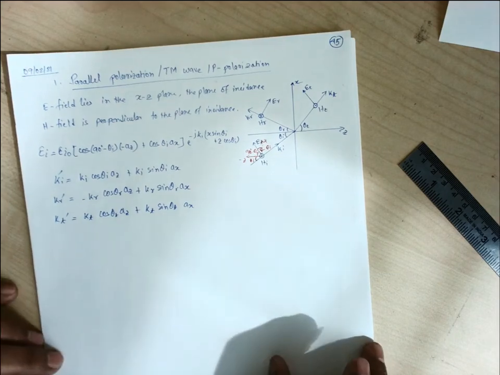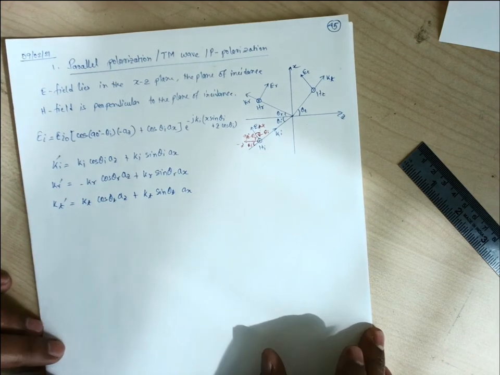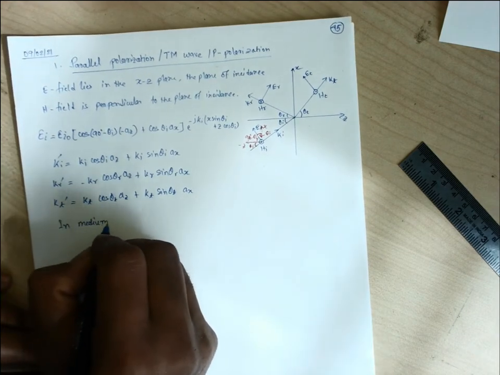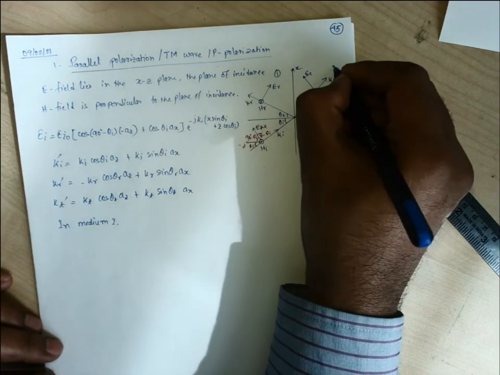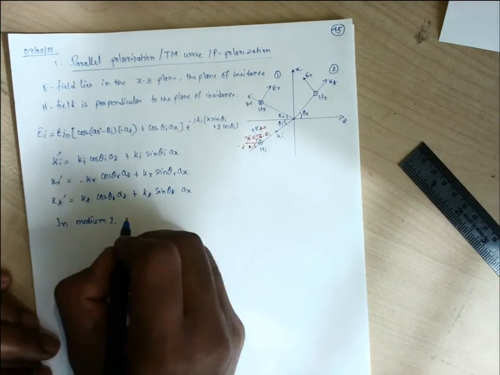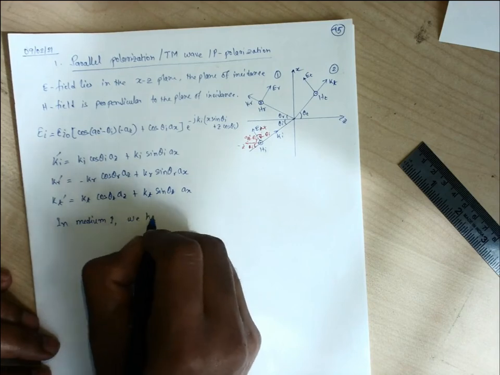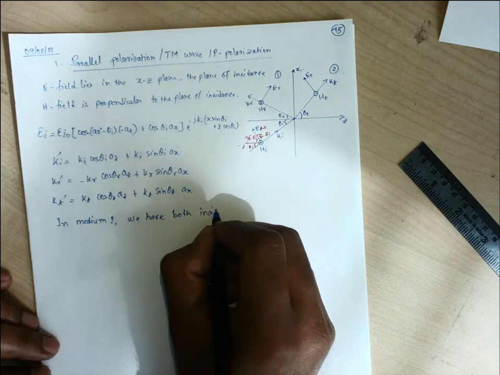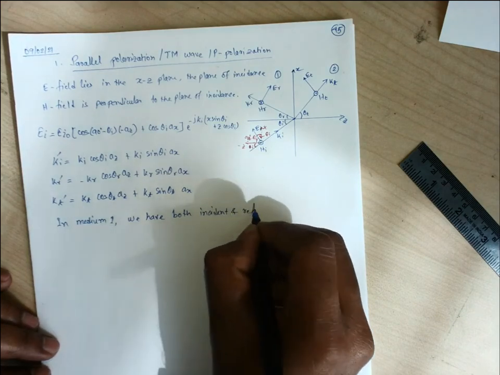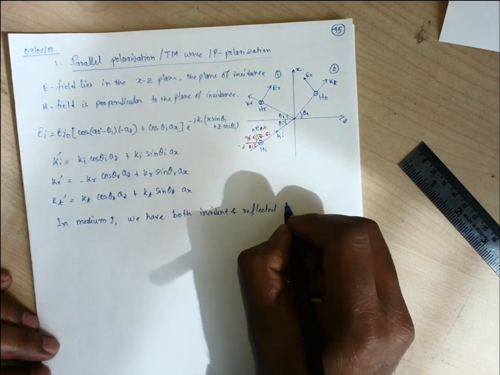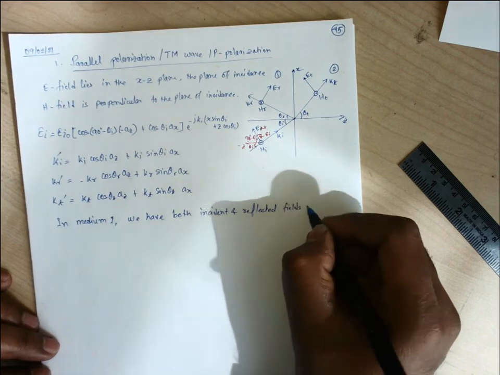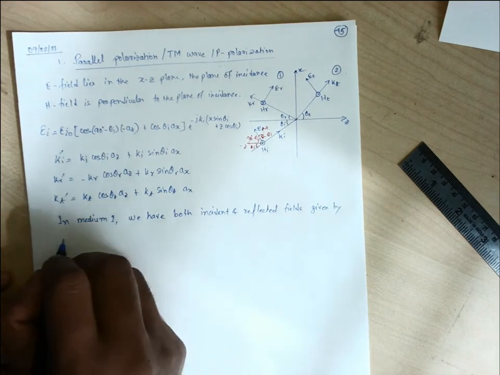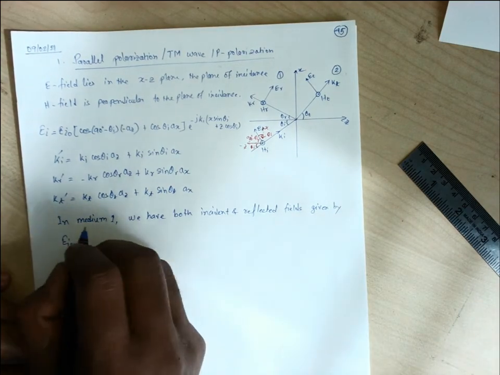So in medium 1 we have both incident and reflected fields. This is your medium 1, this is your medium 2. We are writing in terms of phasor form.